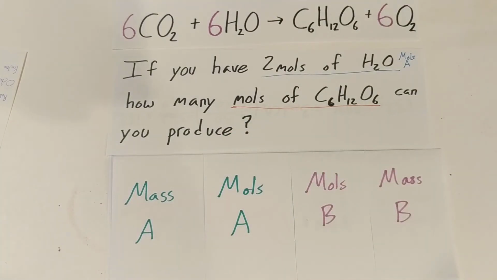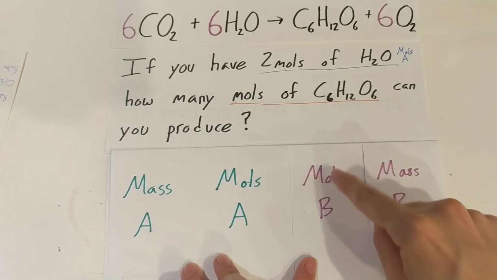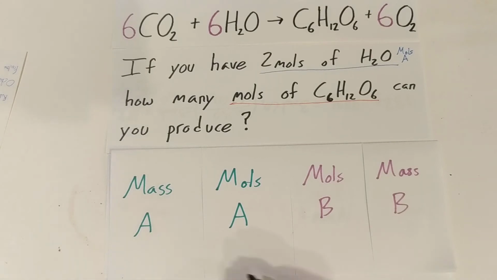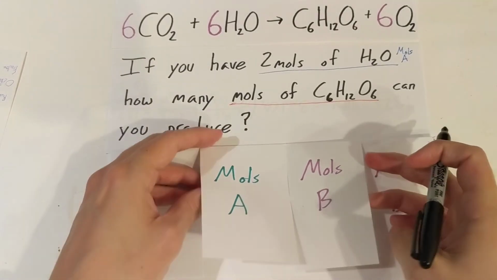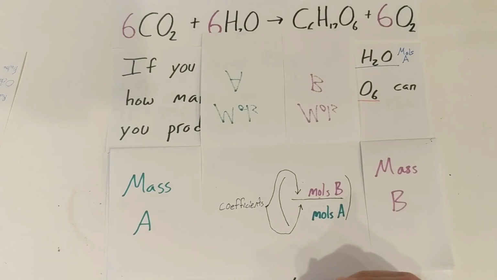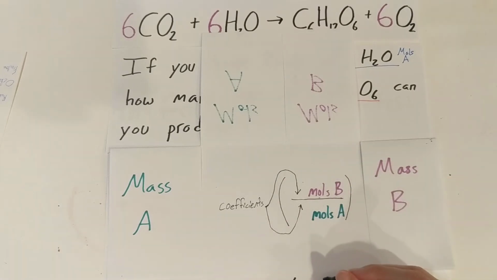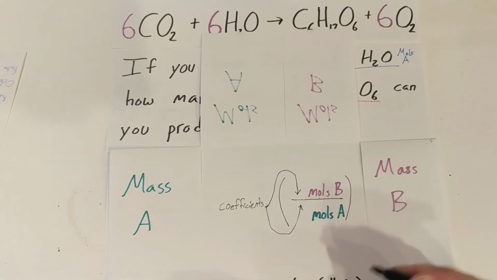So that's actually just a one-step problem. We're starting here, we're finding here. So all we got to do is we're starting with 2 moles of water. And if you flip these up, the moles of what we want go on top. So that'll be the coefficient on C6H12O6. On the bottom is what we start with, water.